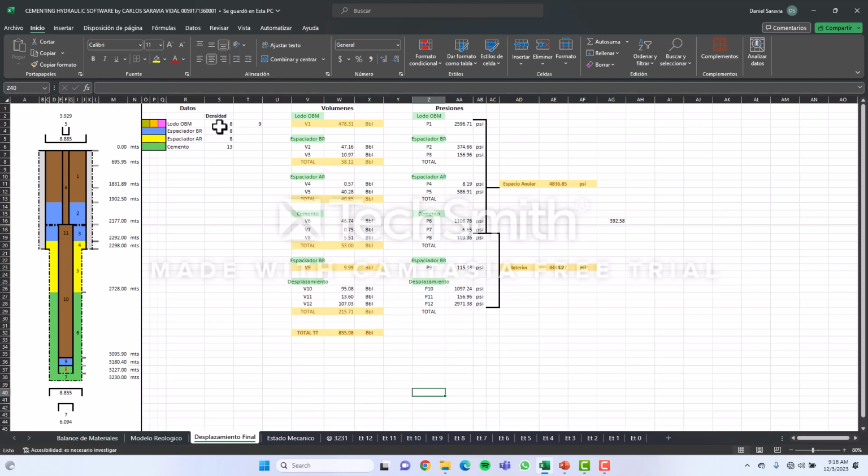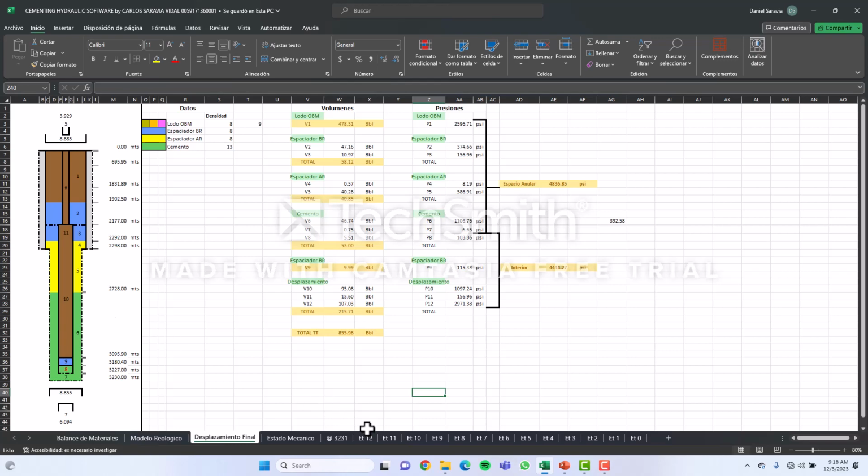All the tabs are linked to the rheology and of course the properties that we are going to use in the cementing operations. Every tab, if you see the different changes of colors, is because of the movement of the fluids when we perform the cementing operation.